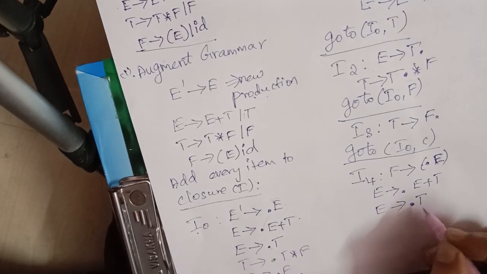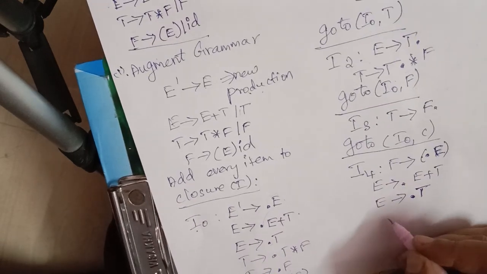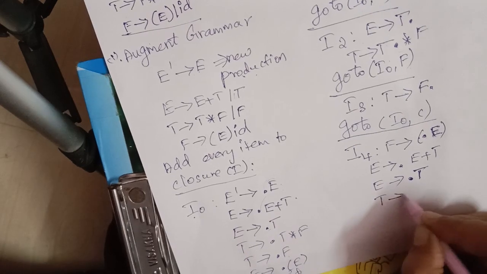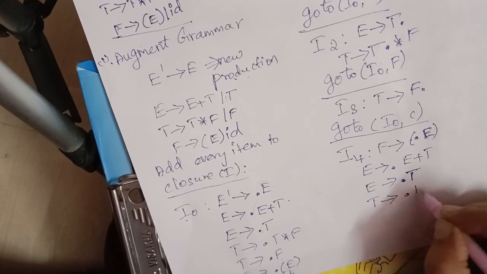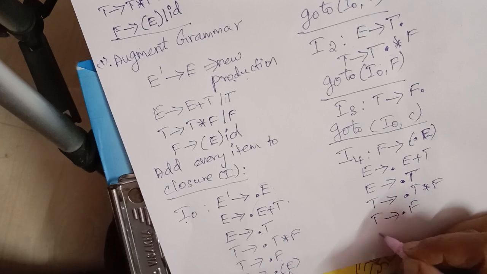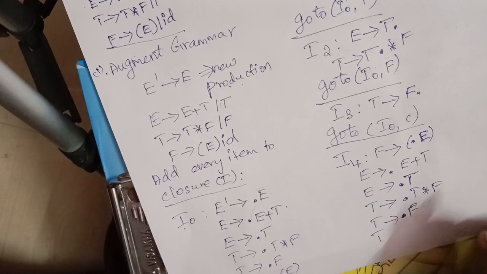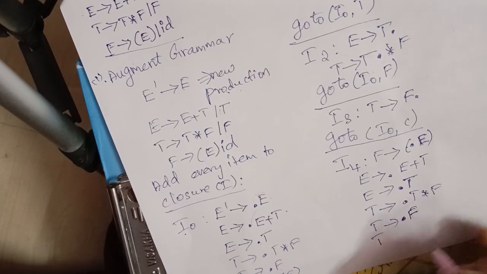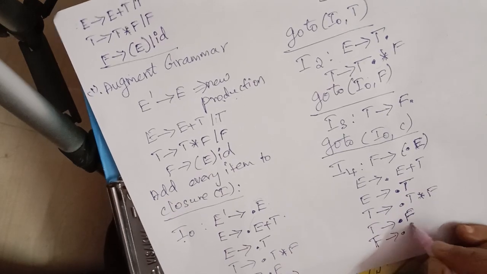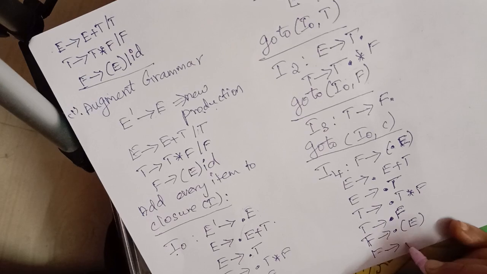Now also you can see after the dot I have a non-terminal, so then you have to write the closure of this value: T tends to dot T star F, T tends to dot F. Now also after the dot I have a non-terminal, so F tends to dot E and F tends to dot ID.